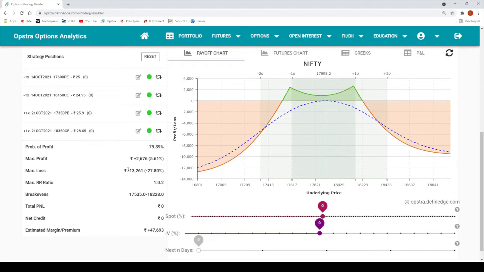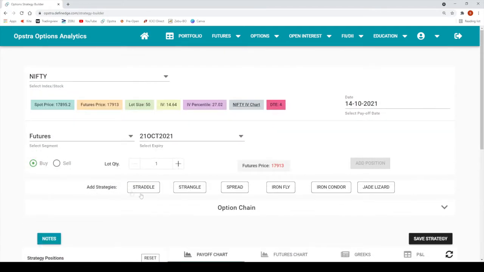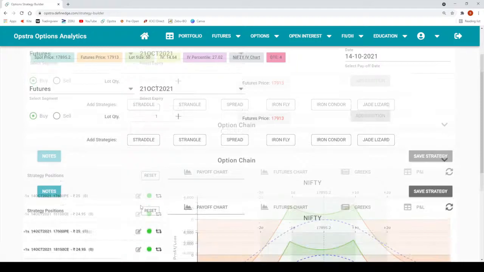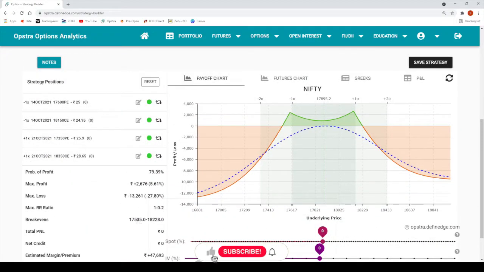Max loss is 13,200. Break even is at 17,535 and 18,228. So what is the current price? 17,900. So it is around 400 points on the downside and 300 points on the upper side.